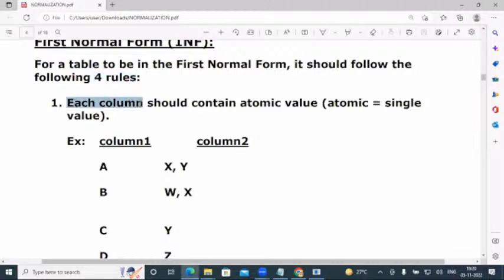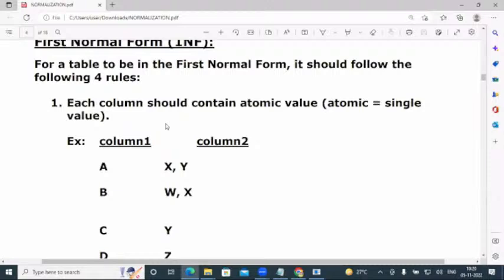What is the first rule? Each column should contain atomic values. Atomic means a single value. But tell me, for what purpose are we using user-defined data types? Storing multiple values. But what does normalization say? Single value.